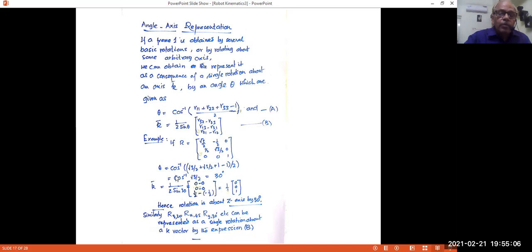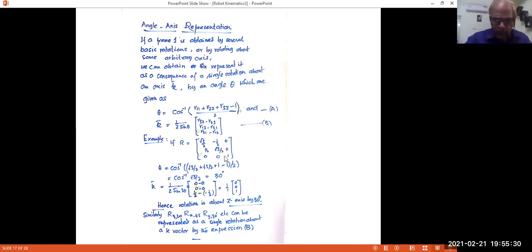And k will be 1 by 2 sine 30 times this vector r32 minus r23. When you do that, you'll get 0, 0, 1, which is nothing but the z-axis. And rotation is 30 degrees. This is nothing but Rz theta, Rz 30 degrees. That is what you get, right?